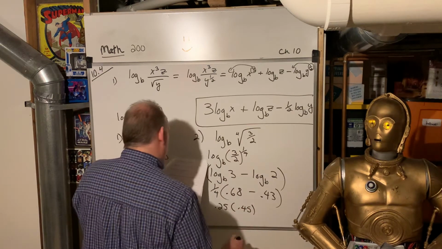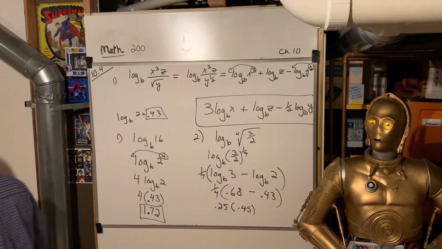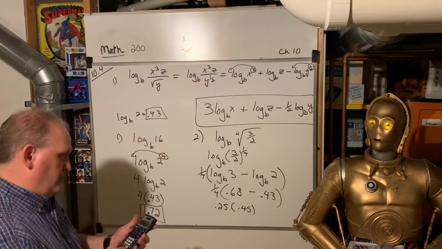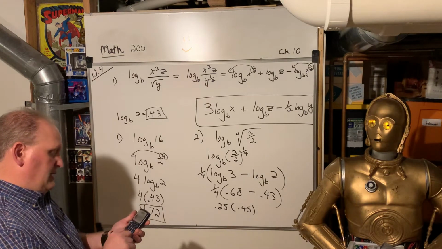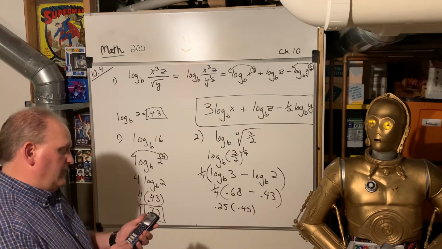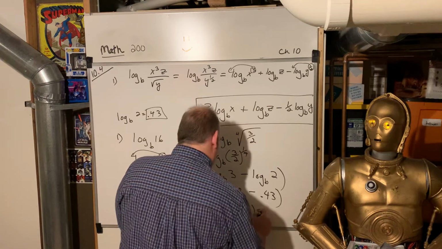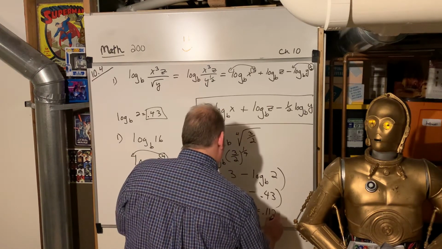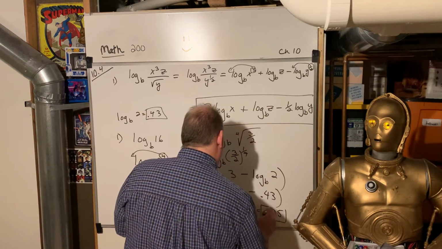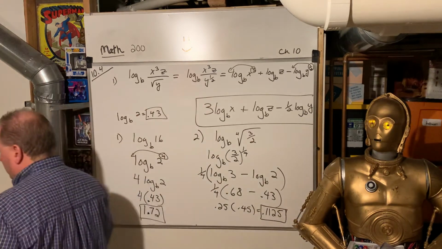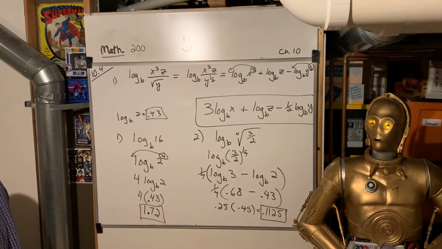And then, let's see, I think I got the right answer anyway, but let's double check it. 0.25 times 0.45 is, nope, 0.1125. Oh, so that's a mistake on the key again. I'll have to update that to 5.